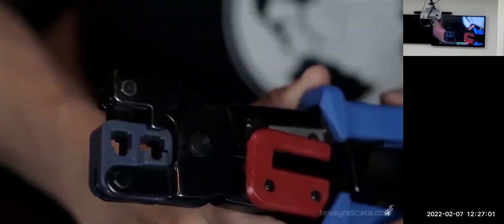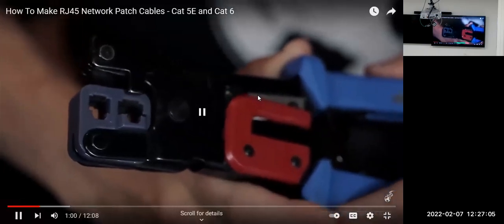These things you can pick up at your local hardware store, Home Depot, Lowe's, that kind of thing. You can find them online. We also have the tool here, and if you want to practice, you can do it. You have the crimping tool, the cable cutter, and this one is to test for the continuity of the cable, to make sure that the pins are located correctly or not.